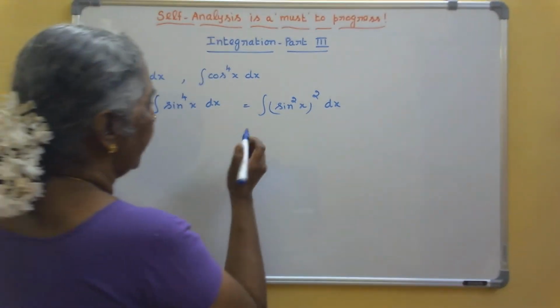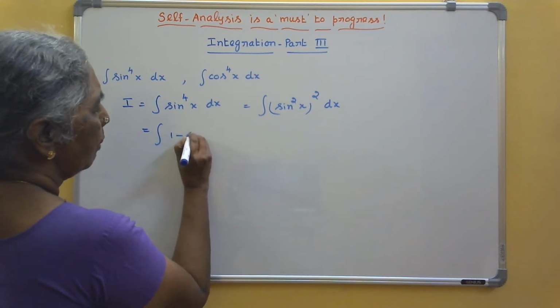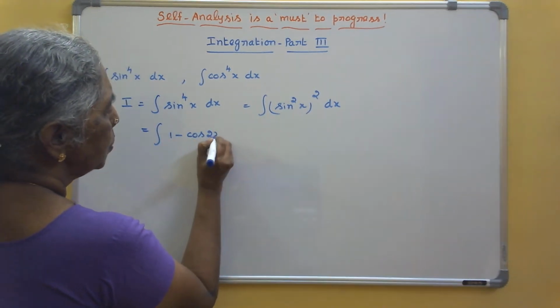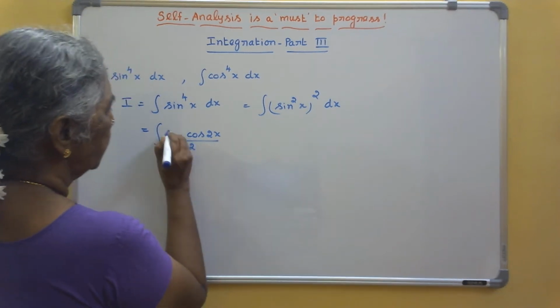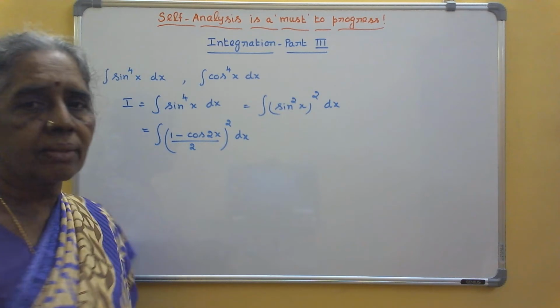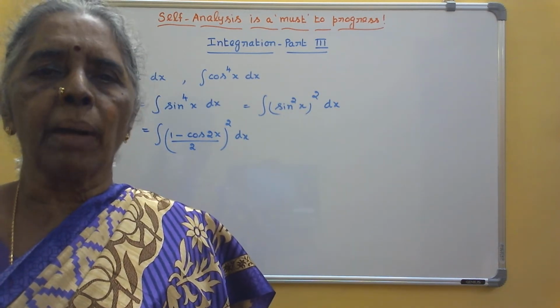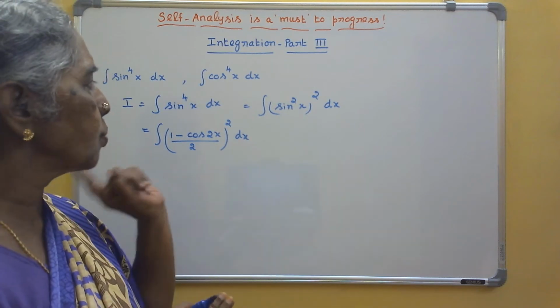So I can write this sine squared x as (1 minus cos 2x) by 2, then a whole squared dx.